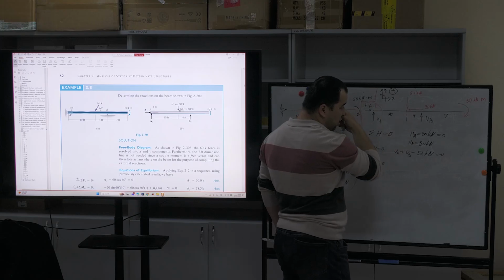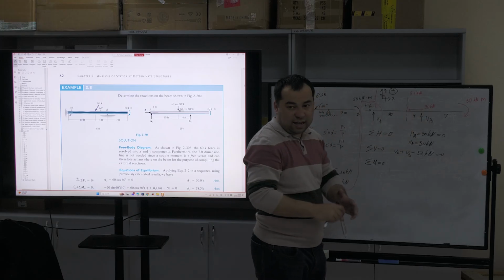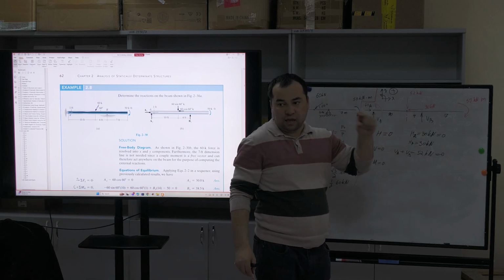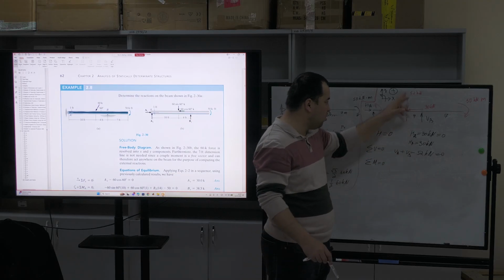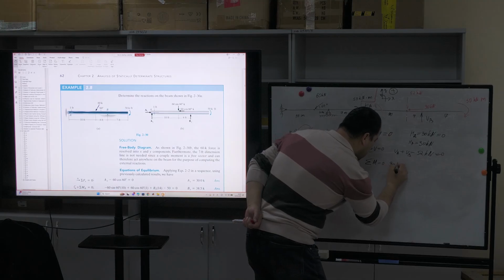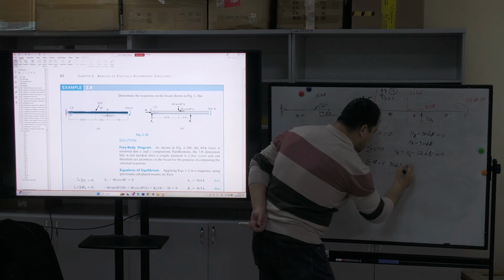This point, how many forces exist? One horizontal, one vertical, yes? We will neglect the horizontal force because this has no thickness. I am thinking that it has no thickness, okay? That's why we will neglect this force, only this force, okay? Okay, let's write 30 kN product, how many meters distance? 10 meters, yeah?